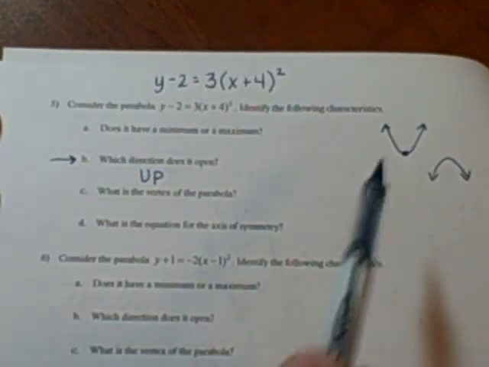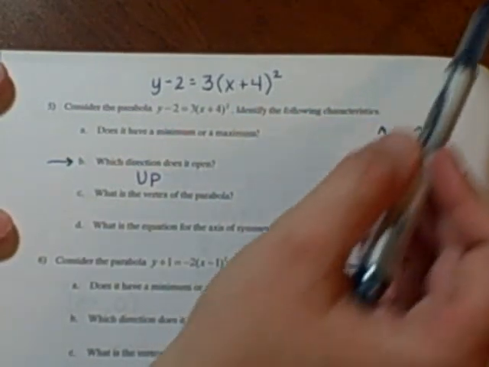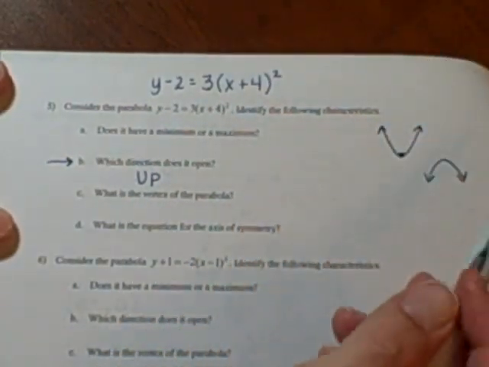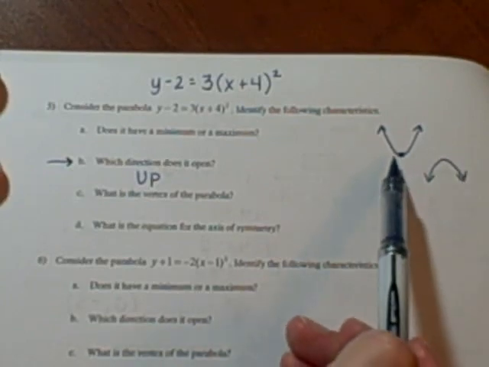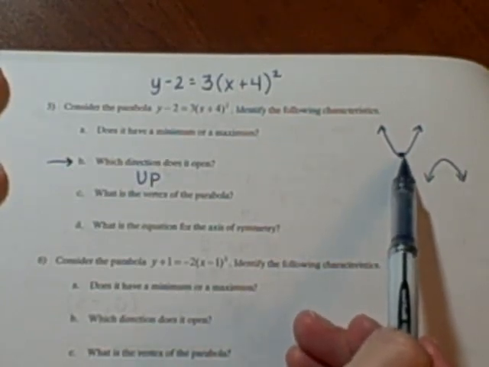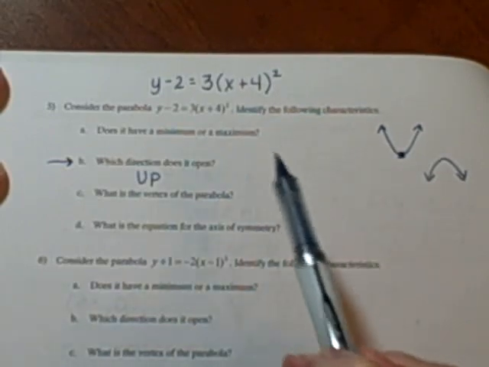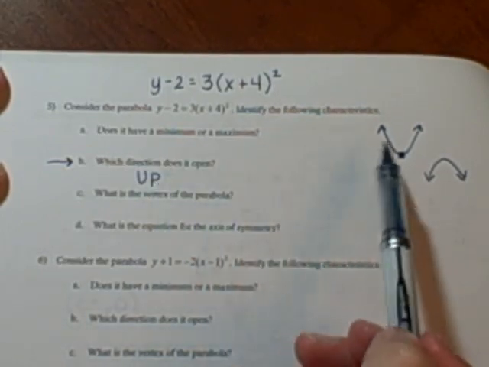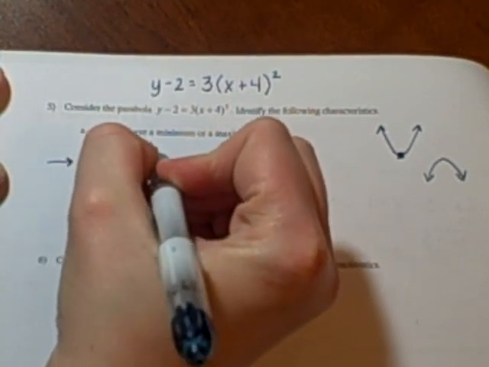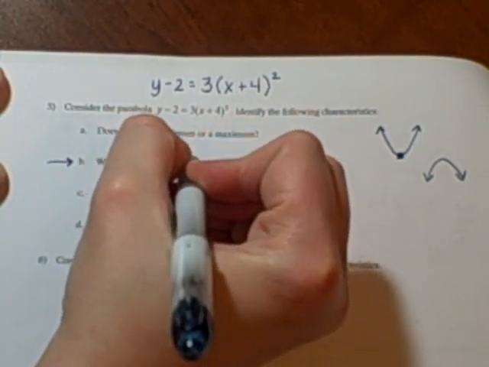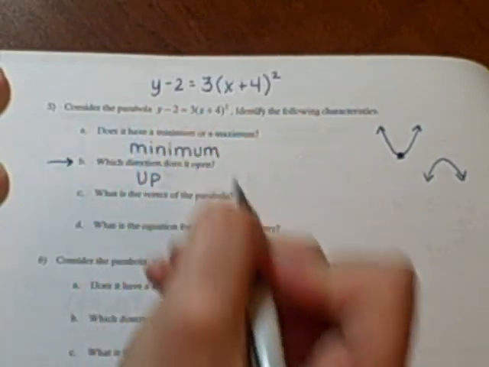Well, there can't be a highest point because, like I said, this goes up and up forever. It's never going to stop, so there will never be a high point on the graph. But this is the lowest that this graph is ever going to go. So anytime your parabola opens up, it will have a minimum value.